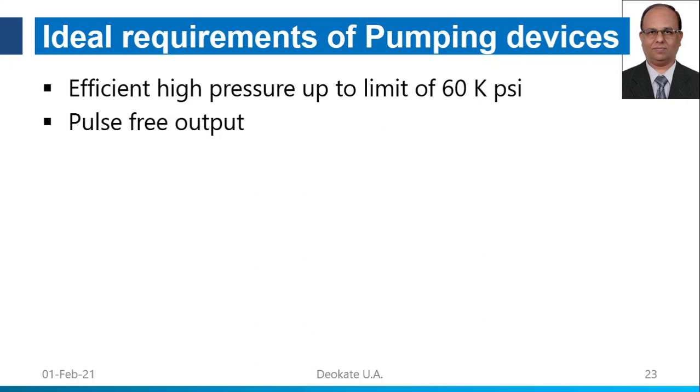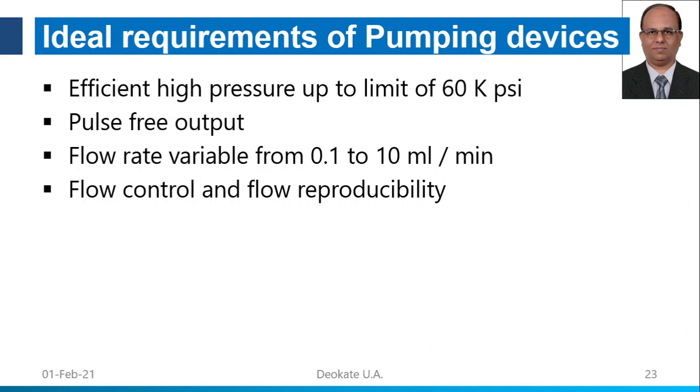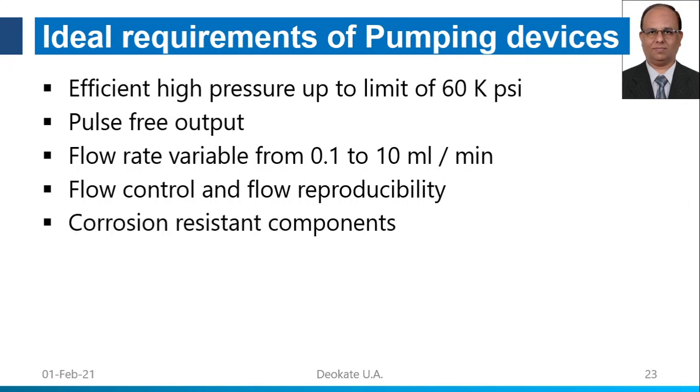Then the output of the pump should be pulse free. The flow rate should be variable from 0.1 to 10 ml per minute. Flow control and flow reproducibility are important ideal requirements. The components of your pumping system should be corrosion resistant because we are using various buffers and certain organic solvents that may lead to corrosion of your piston and barrels.